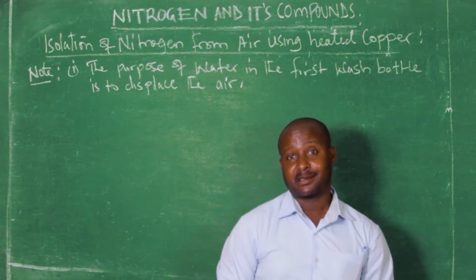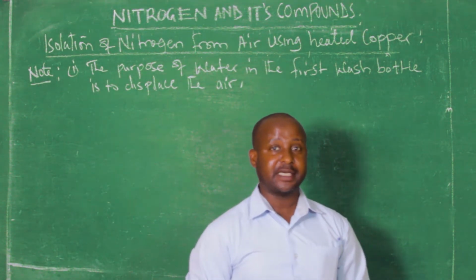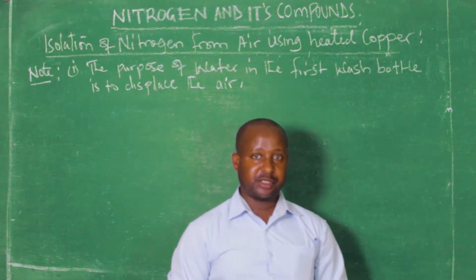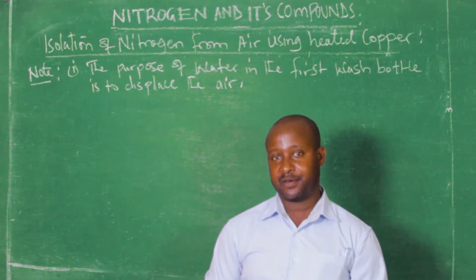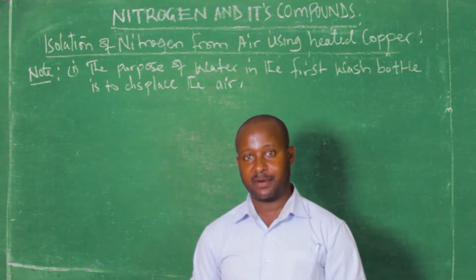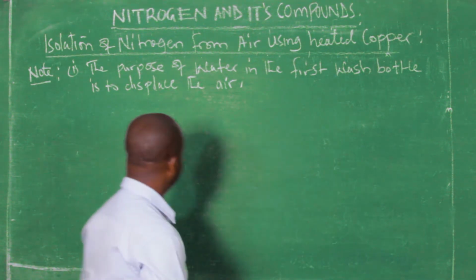Then the purpose of potassium hydroxide in the second wash bottle is to react with carbon dioxide, producing sodium carbonate and water as a byproduct.